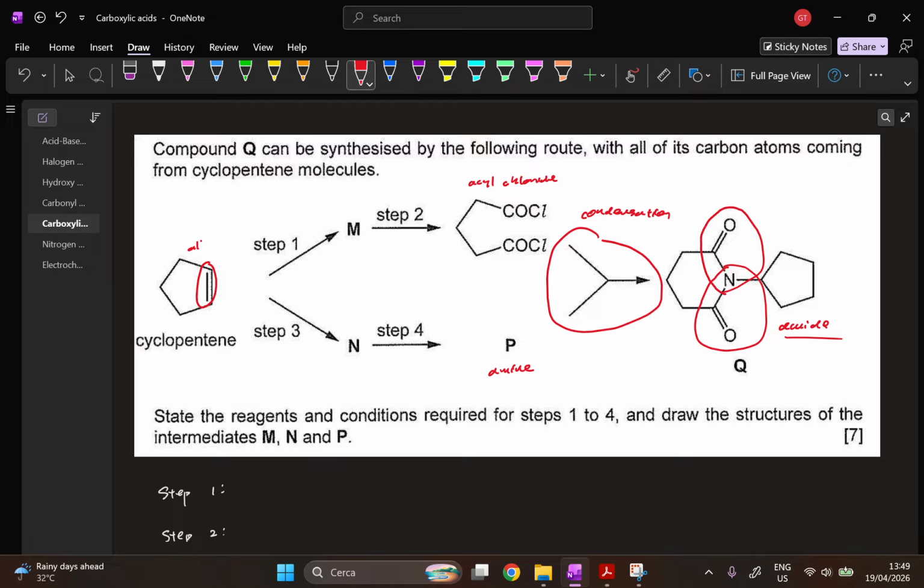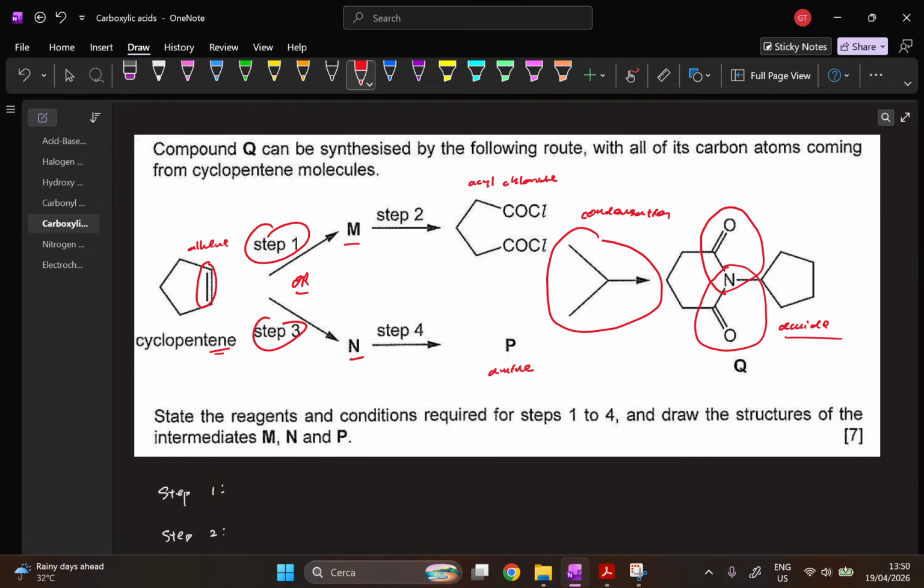Just to clarify at this point, in case this particular scheme is a bit unclear, it's not that cyclopentene undergoes one reaction to produce two products. Cyclopentene can either undergo this to produce M, or it can undergo this to produce N. So think, what are two reactions that an alkene can undergo?